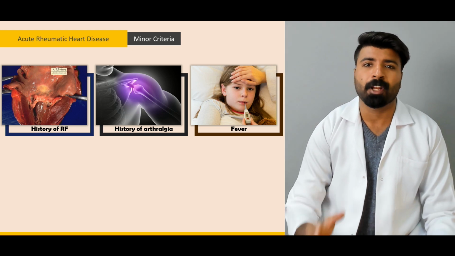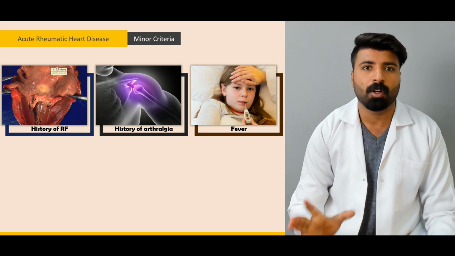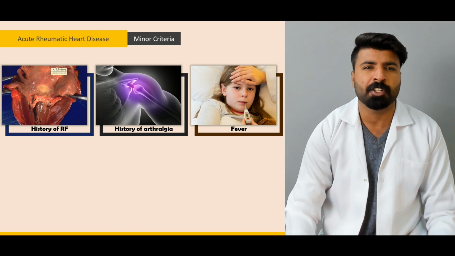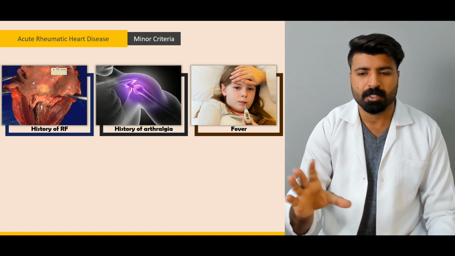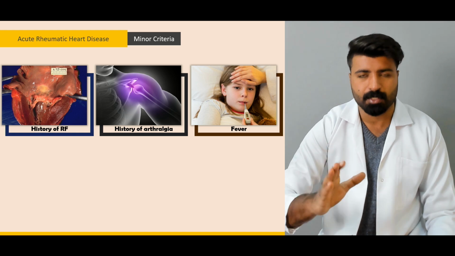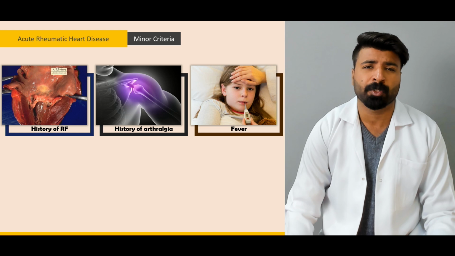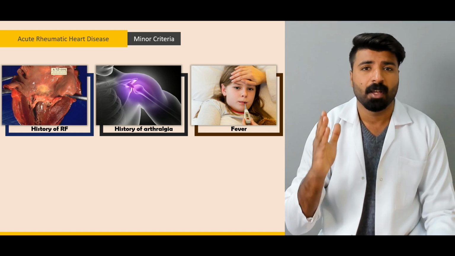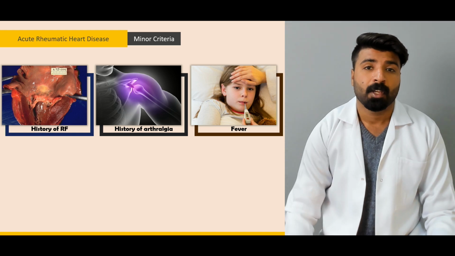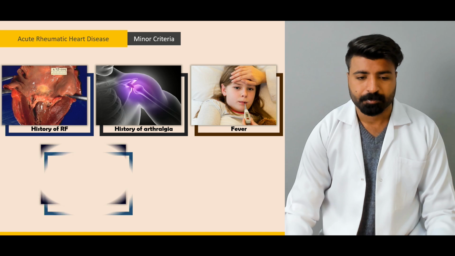But we are not putting fever into the major criteria because it will just prolong the differential diagnosis for you. So if fever is there, it means another minor criterion is fulfilled. The patient is developing fever because the body is going through a lot of infection and its own cells are killing its own cells, and the patient may have those active antigens inside the body yet.